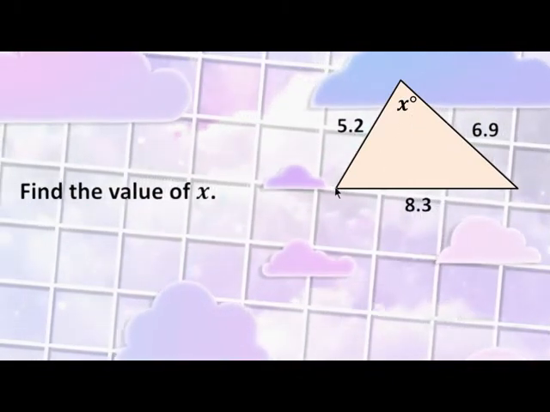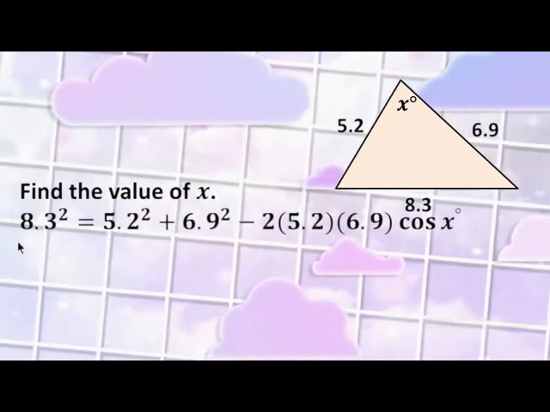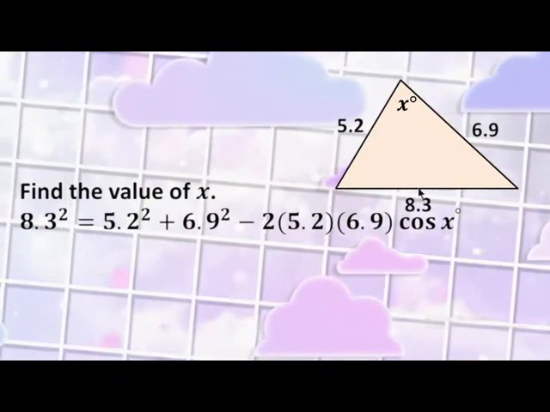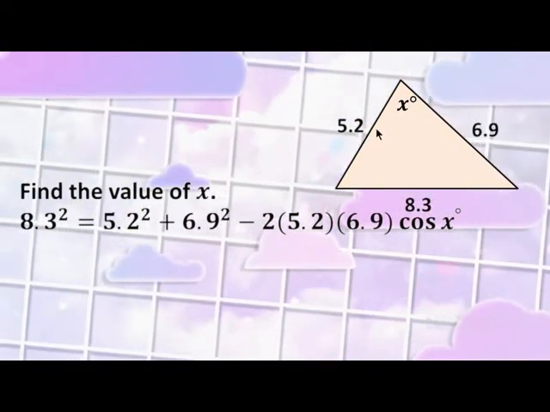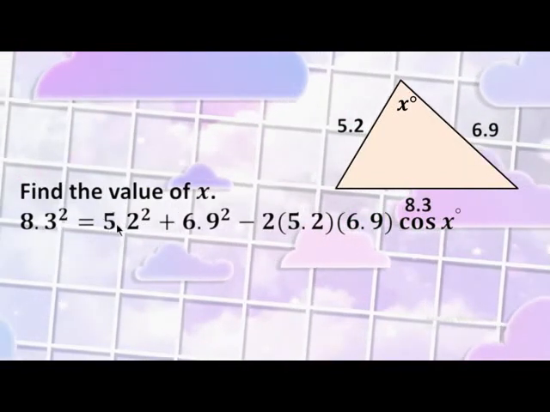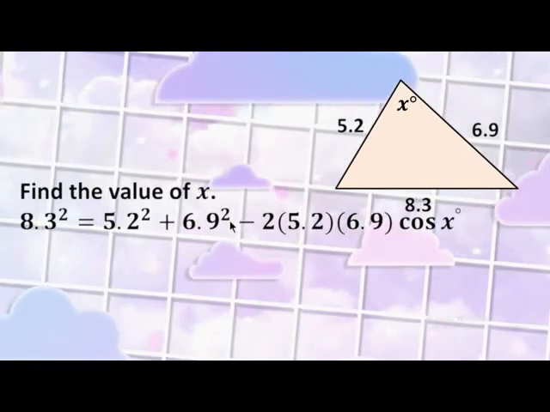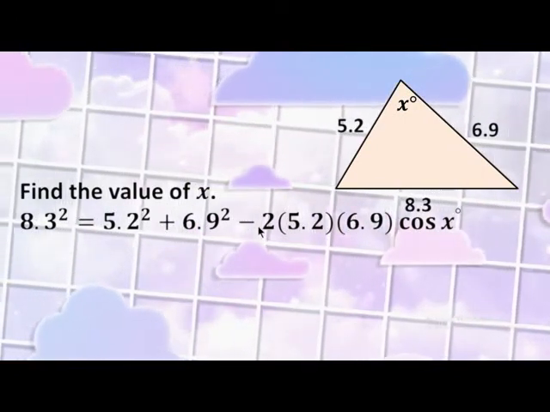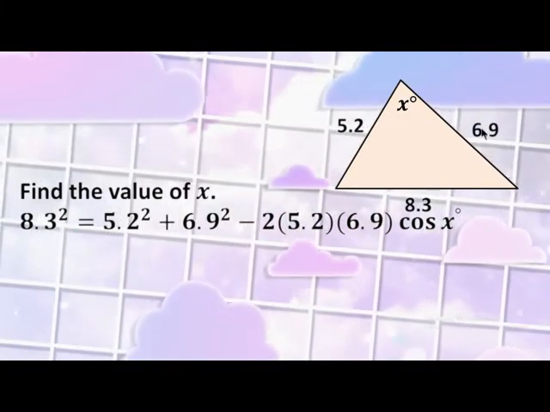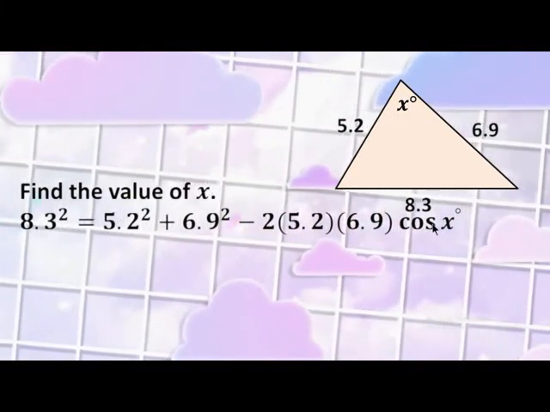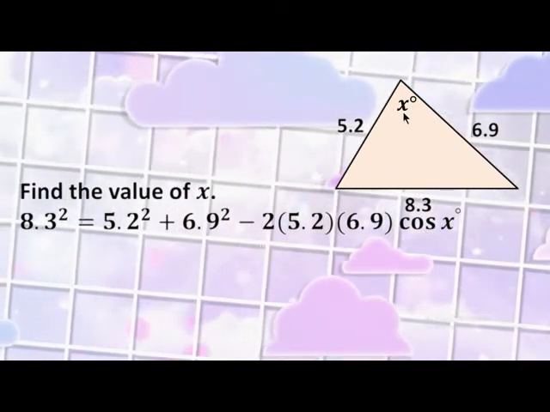Remember, we can find it by the cosine rule. By the cosine rule, we know that 8.3 squared, this side squared, equals the total of the squares of the other sides, so 5.2 squared plus 6.9 squared, subtracted with 2 times both sides, 2 times 5.2 times 6.9 times cosine of the angle in front of the side, cosine x.